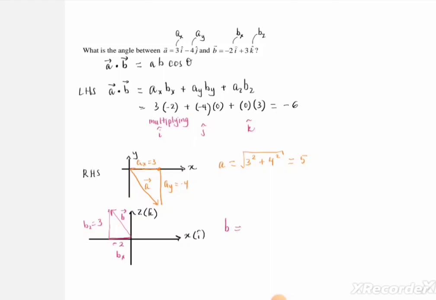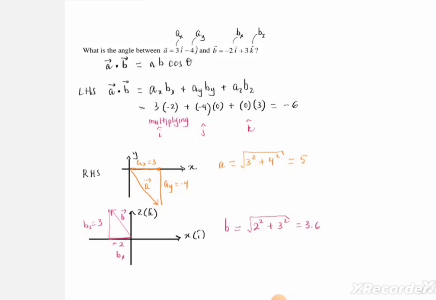So the magnitude of B would be 2 squared plus 3 squared, and we take the square root, and that gives us 3.6. So now let's go back to our original equation here. We have a left hand side and a right hand side.